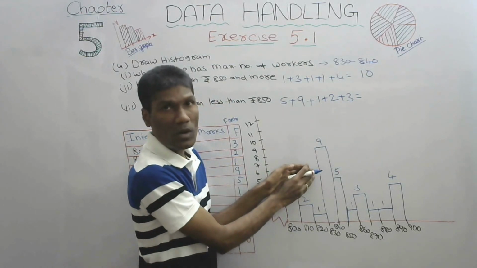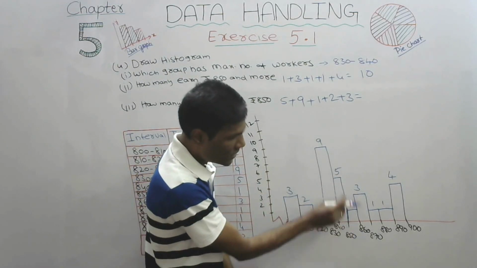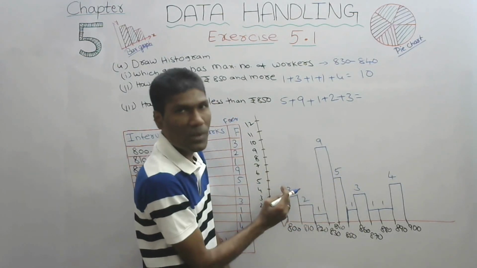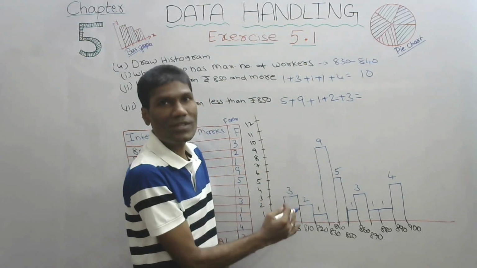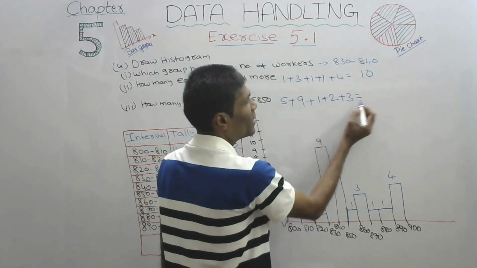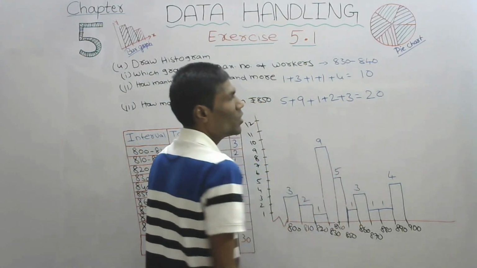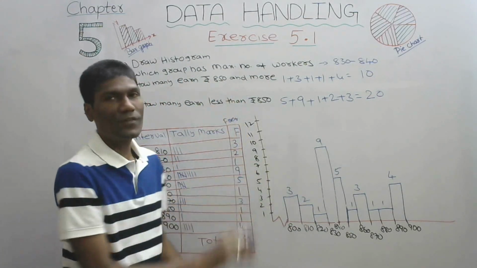These are the people who are earning less than 850. This is 850, no? So all these people will come under the group who are earning less than 850. So 5 plus 9, 14, 15, 17, 20. So 20 are earning less than 850 rupees.